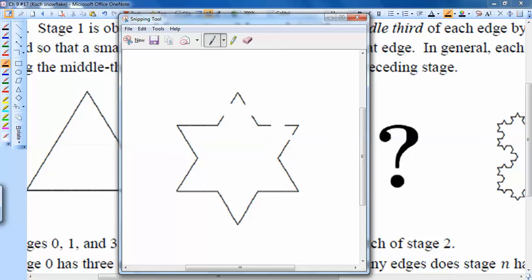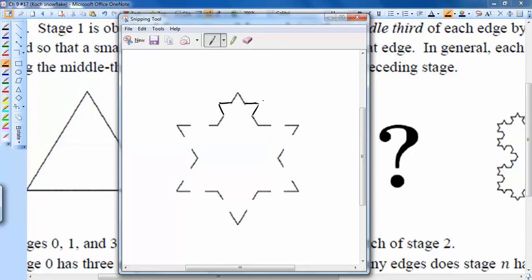So one third missing from each side. That one might be a little too big. You get the idea. There we go. Almost there. Now all the middle thirds are gone, roughly. And I need to add in these equilateral-ish looking things.